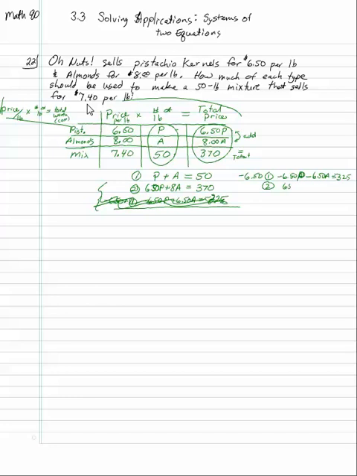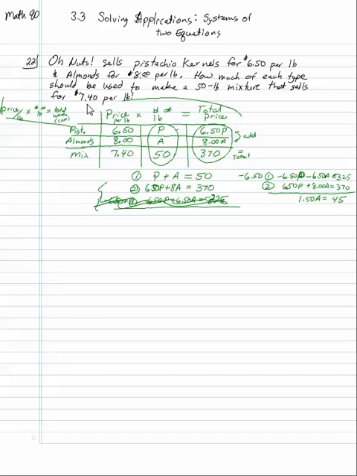So 650p plus 8a, I'm going to put the zeros back in, 370. Remember, that's negative. So I'm going to add those together. The p's cancel. And we get 150a equals 370 minus 325 is 45.